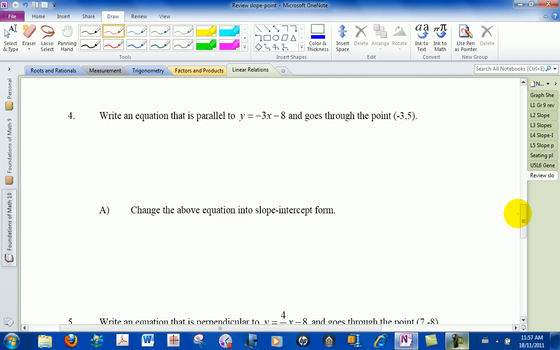Linear equation is parallel and goes through this point. So here's the point. Where's the slope? Well, it says it's parallel. So what do you know about parallel lines? Yeah, they have the same slope. Okay. So the slope we actually have to use is the same one.